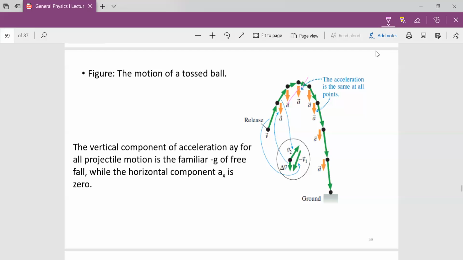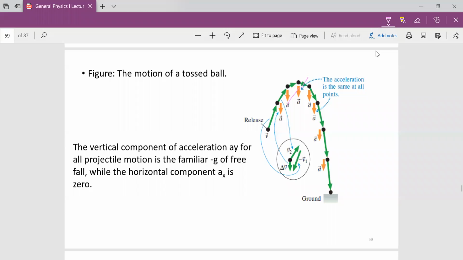So the change in v gives us v2 minus v1, and we reverse this to give the minus. And then the resultant or net velocity will give you the acceleration, and it's always going to point downwards for each of the cases.